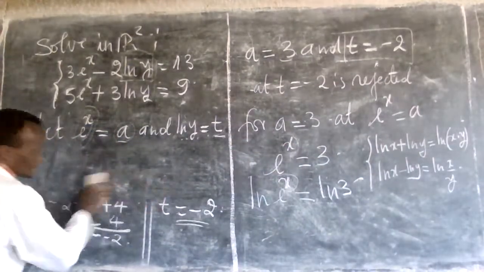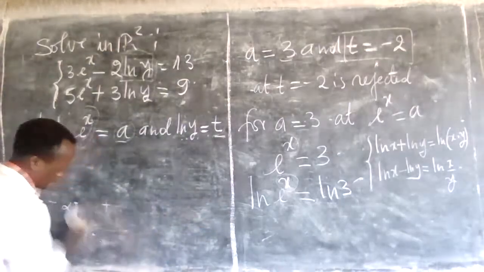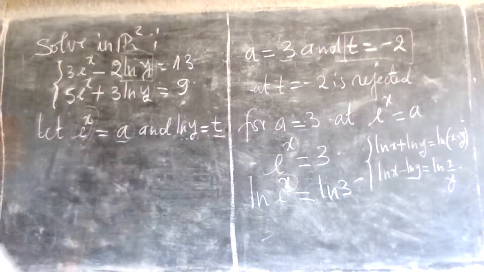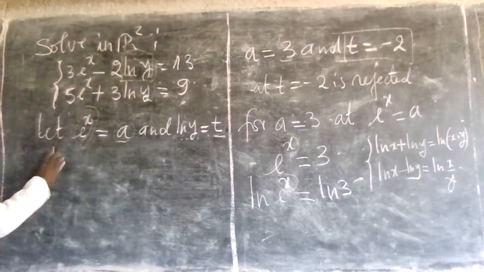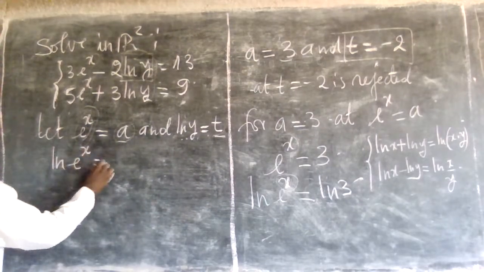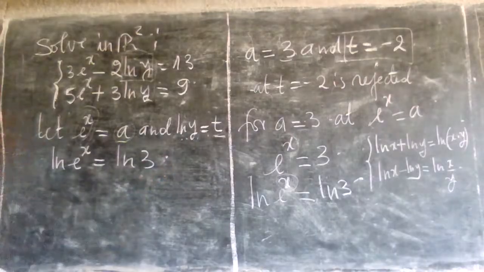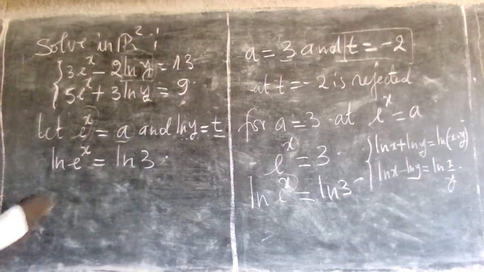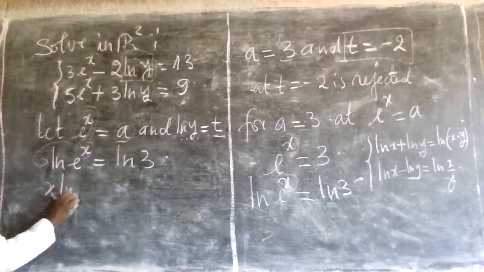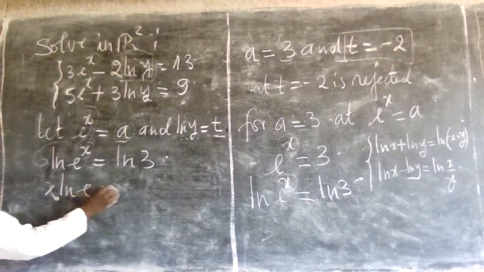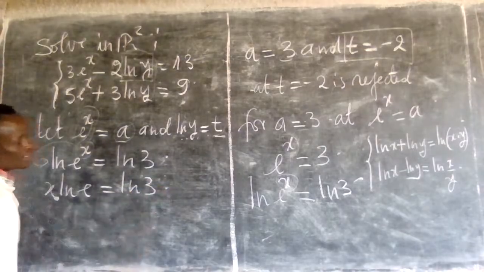Now it is ln of e power x, which is equal to ln of 3. Yes? Now, this x will come here. It is x ln of e, which is equal to ln of 3.